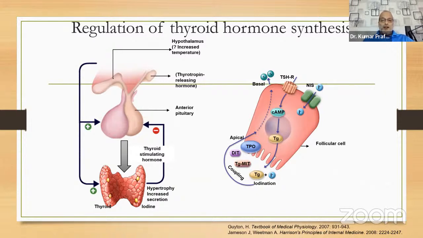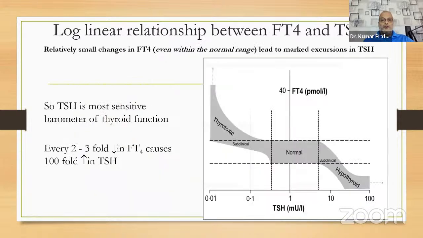Once again, when adequate thyroid hormone is released, thyroid stimulating hormone comes down. Thyroid stimulating hormone in turn has a negative feedback mechanism on thyrotropin releasing hormone. So thyroid function remains under tight control with positive and negative feedback, and that is what we call thyroid equilibrium. And thus each and every cell of the body gets thyroid hormone, which is important for the normal metabolism of each and every living cell of our body.